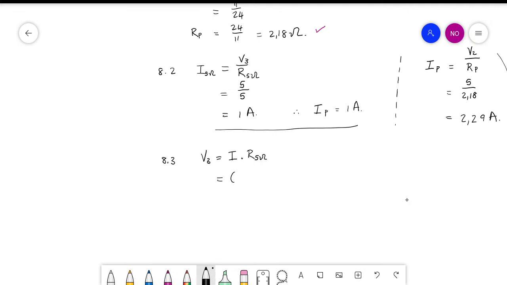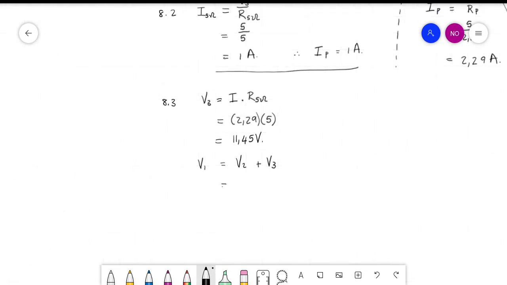The current will be 2,29 and this will be 5. Now V1 will be equal to V2 plus V3, so that is 5 plus 11,45, which gives 16,45 volts.